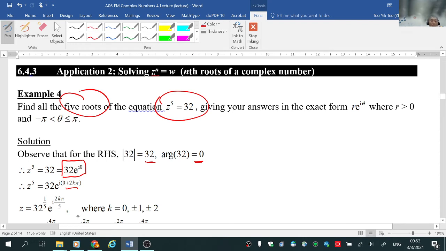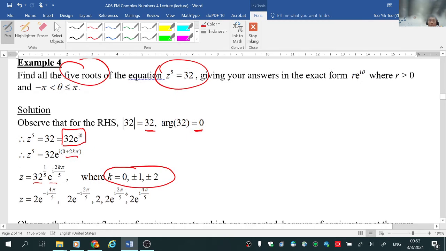Taking 1/5 on both sides, z is equivalent to 32 to the 1/5, e to the i 2k pi, and then use 5 consecutive k values. You can use anything, and then you will generate these 5 answers.